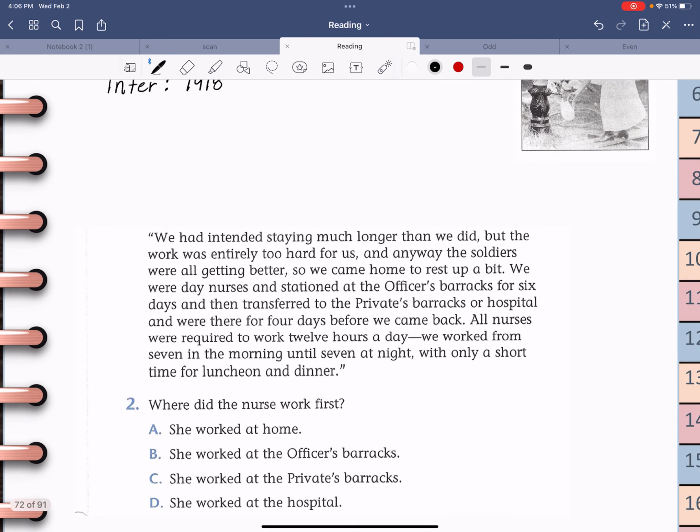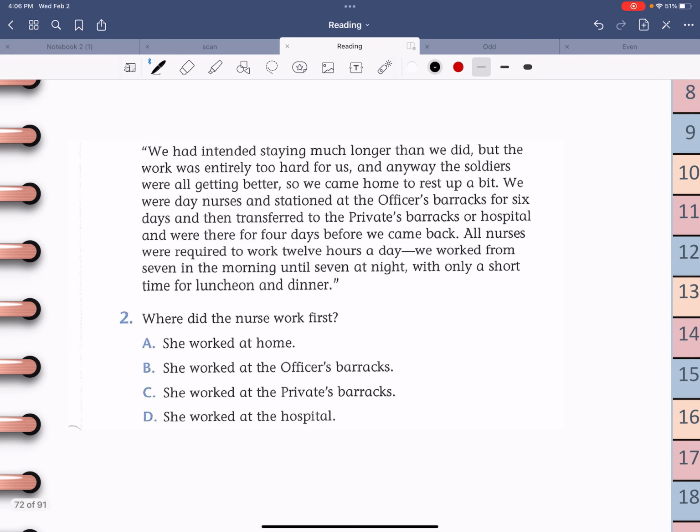Okay, here is more of that letter. We had intended staying much longer than we did, but the work was entirely too hard for us. And anyway, the soldiers were all getting better, so we came home to rest up a bit.